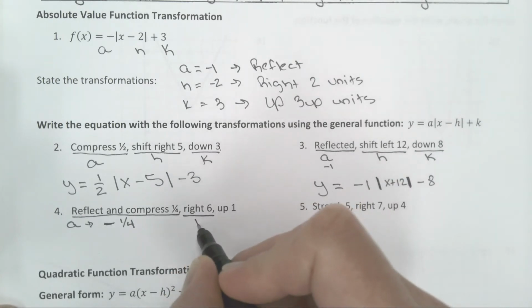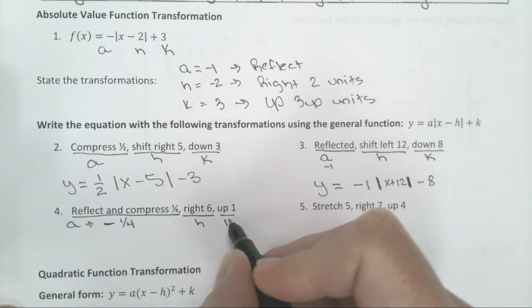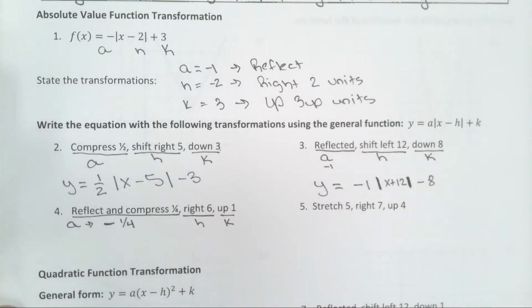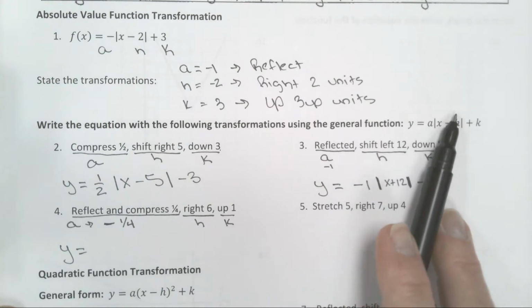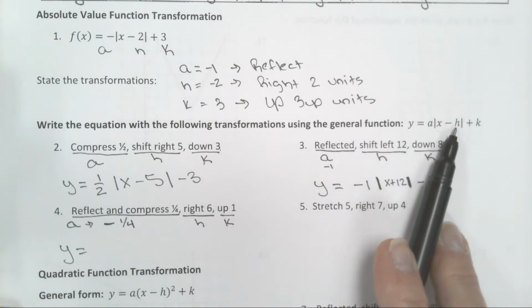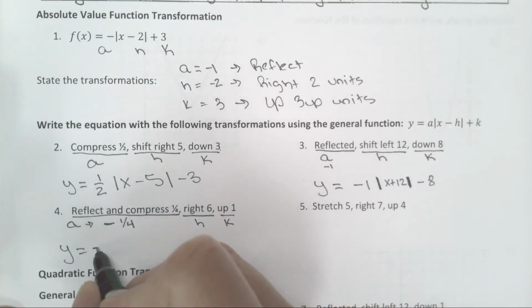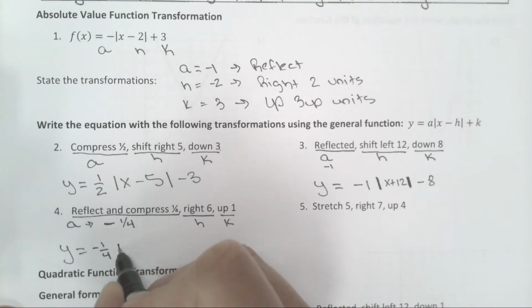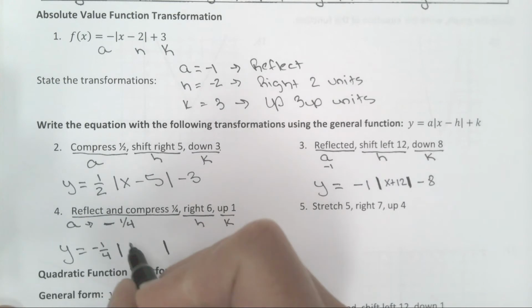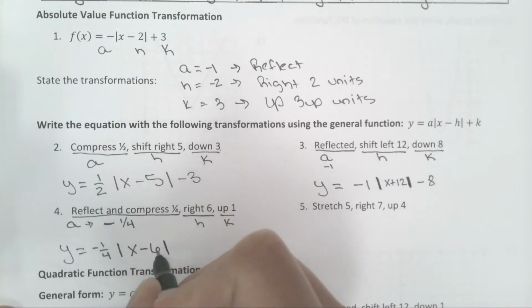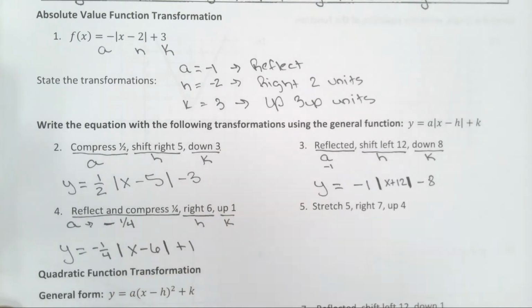Right is associated with H, and up and down is associated with K. So I'm going to plug these into my general function form and have -1/4, the absolute value. Right 6 is x minus 6, and up 1 goes +1.